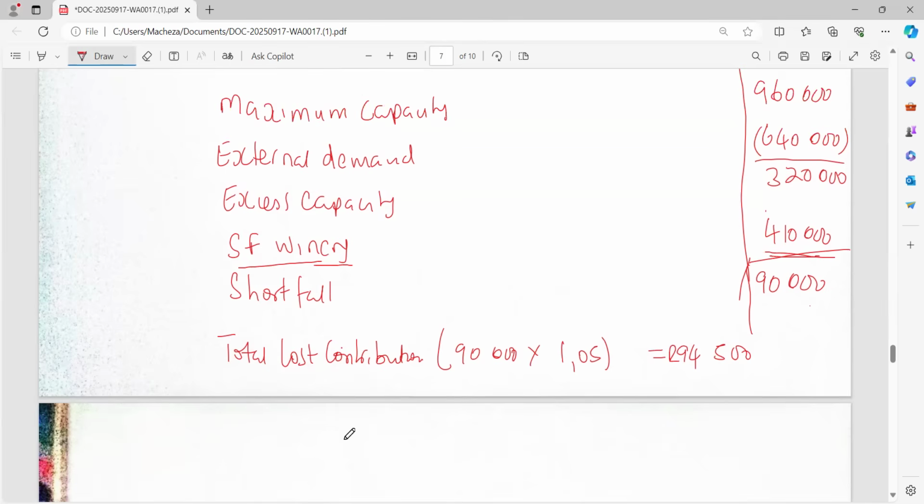So your lost contribution per unit is going to be based on what you are going to supply to SF winery. Lost contribution per unit is now going to be your 94,500 over 410,000. How much are we going to have as our lost contribution there?